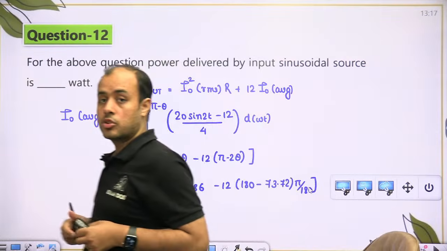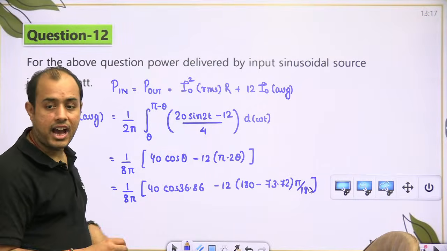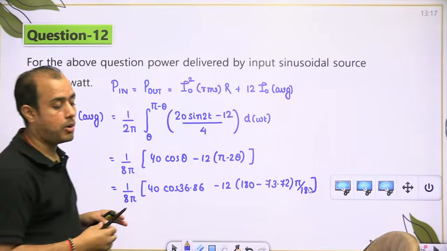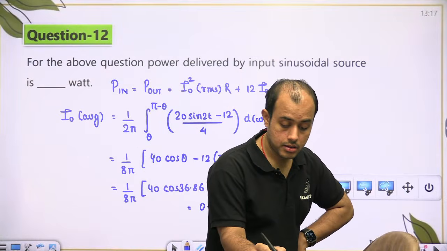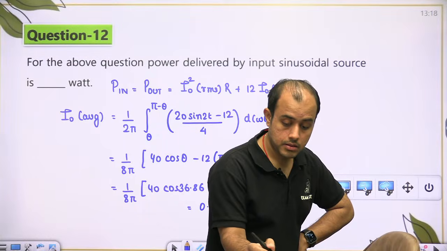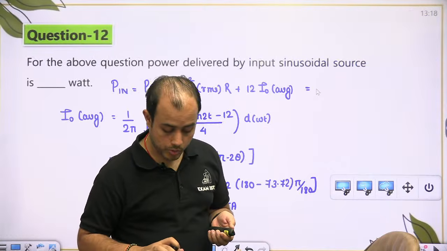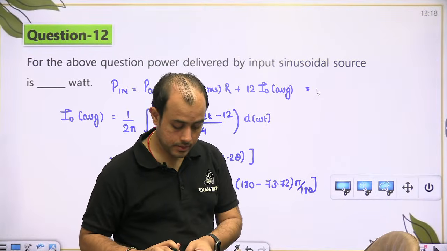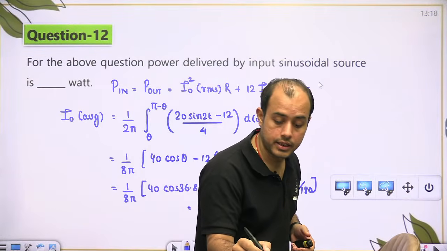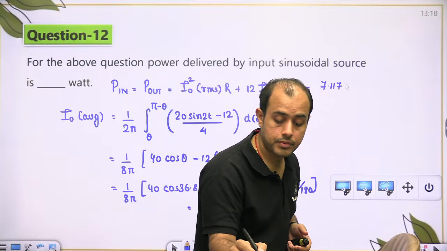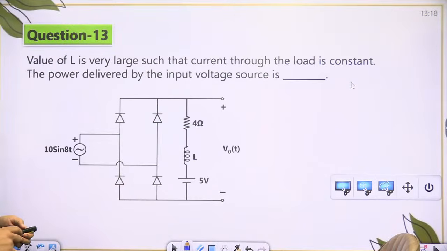Okay, so that is how you can calculate the average current, beta. The average current will come out to be 0.3875. So the resistance power was 2.467, and the total is 7.117, like this, 7.117. Okay.